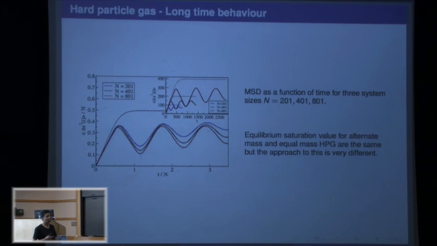For the equal mass case there are no sound modes, so you just get a smooth approach to the equilibrium value, while in the unequal mass case you have these sound modes oscillating, and therefore you see these oscillations here.